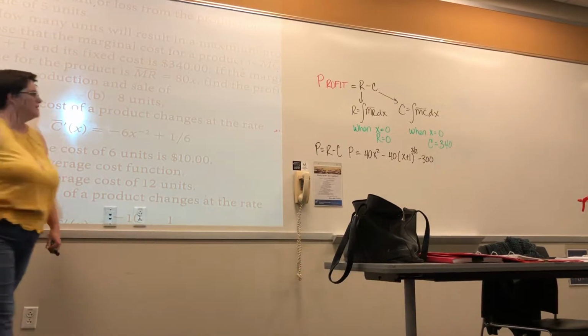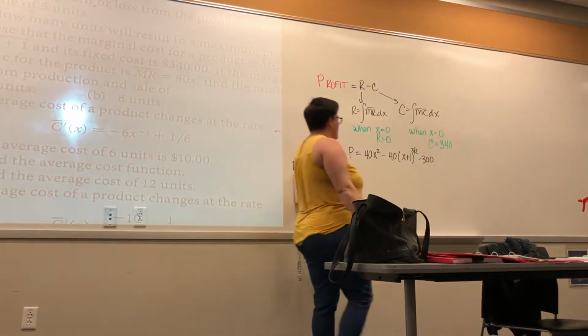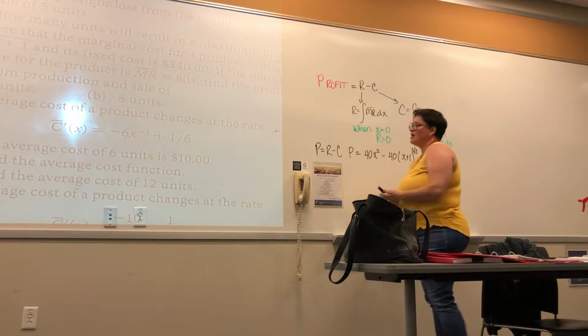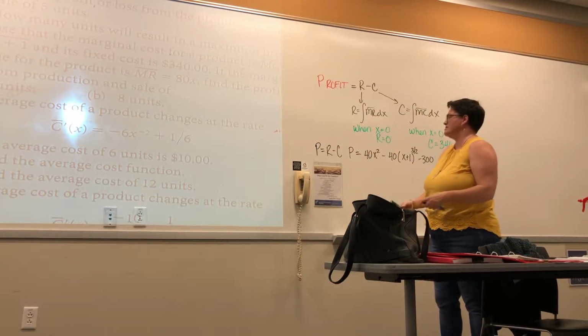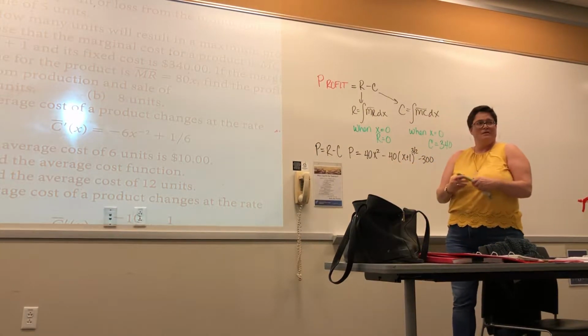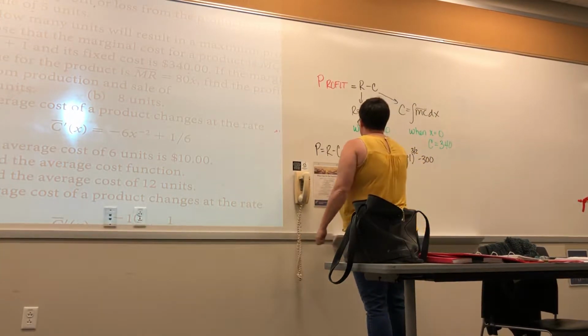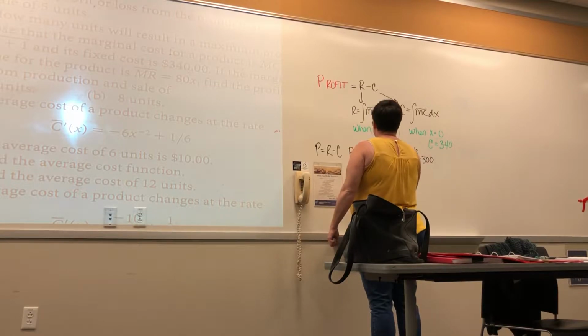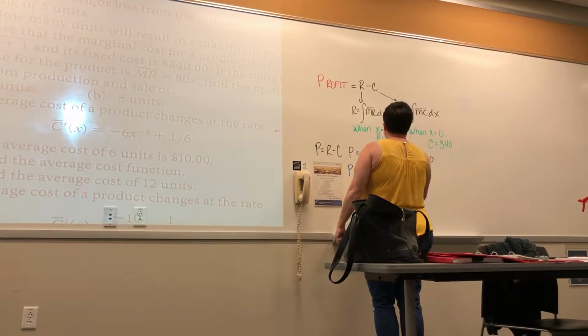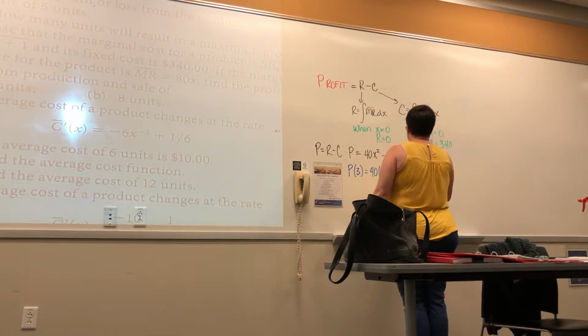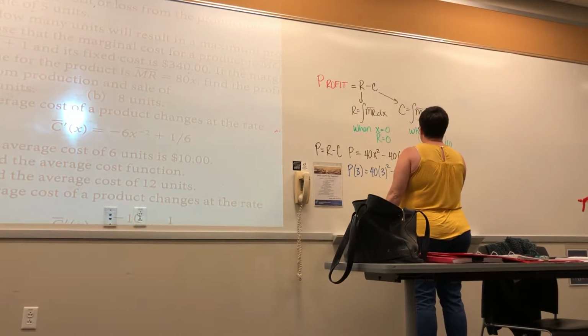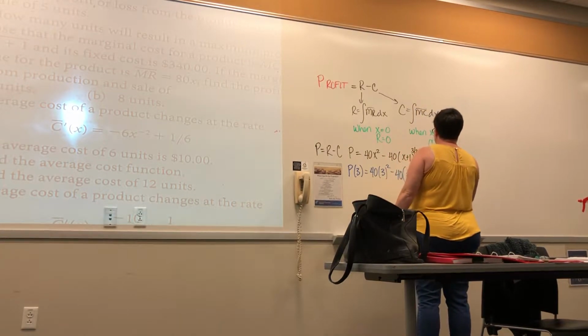All right. So it said find the profit or loss from the production and sale of 3 units. So what are we going to do now? Plug in 3. Let's do it. So profit at 3 units is 40 times 3 squared minus 40 times 3 plus 1, 3 halves, minus 300.